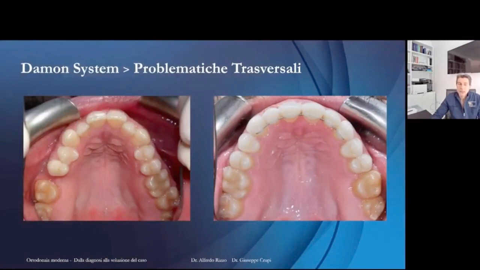Everything has been achieved thanks to the huge potential of the Damon system, which, as you can see, has been used throughout the treatment with very light forces.